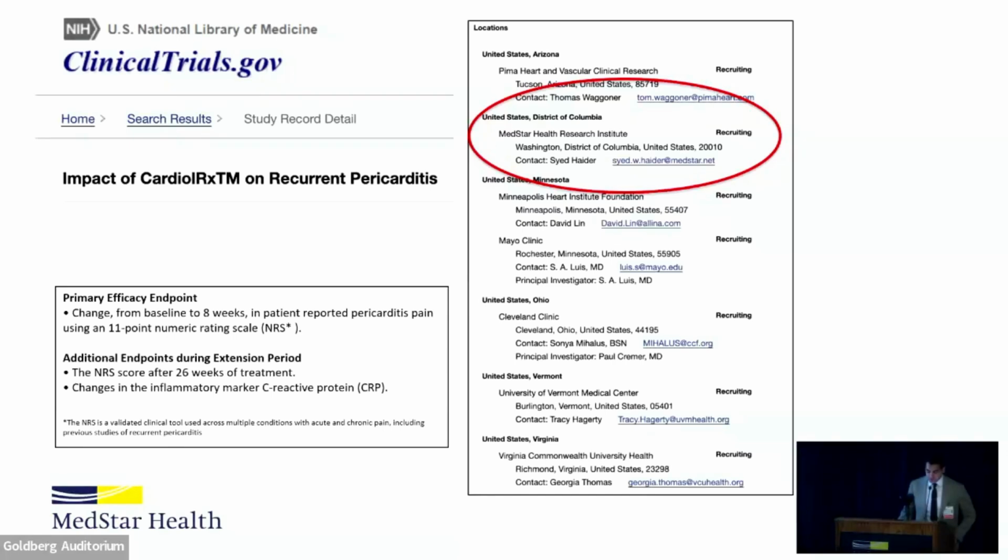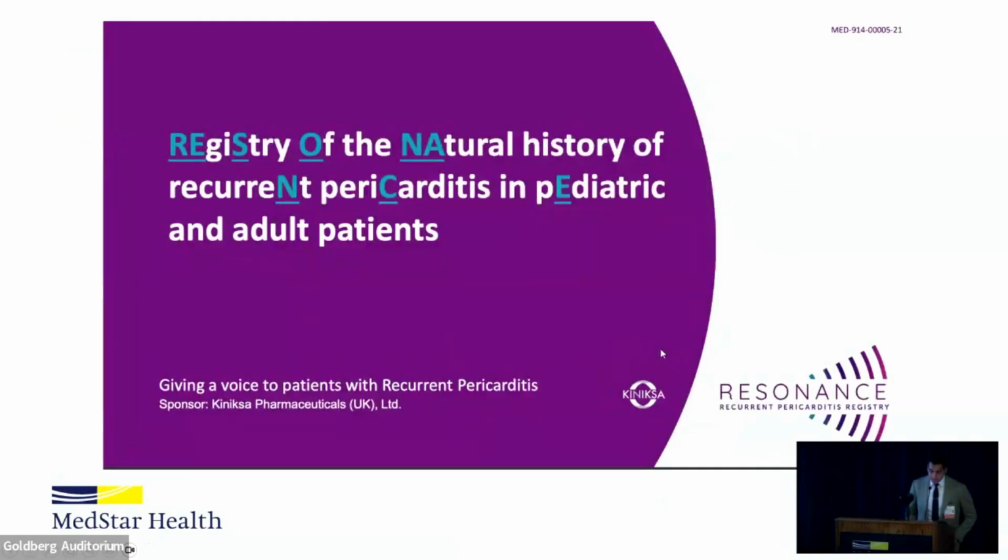So I'm very much looking forward to the results of what we have done for these 25 patients, of which 2 were enrolled at Washington Hospital Center and the remaining were at Mayo, Cleveland and other sites.